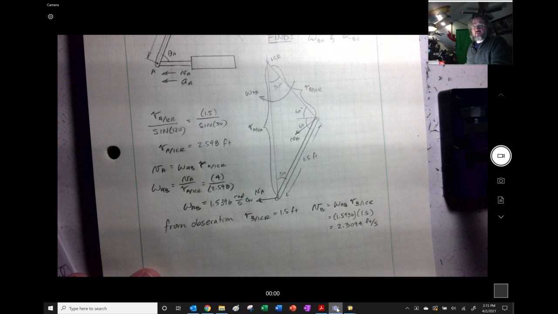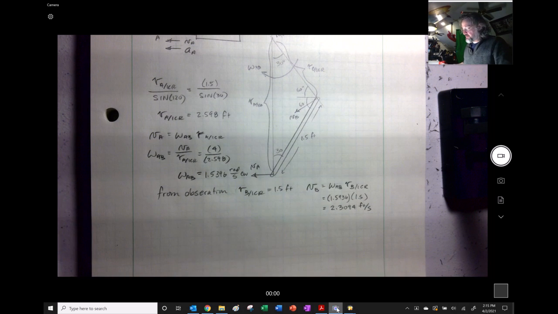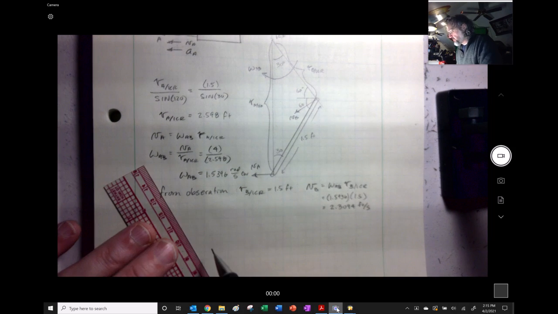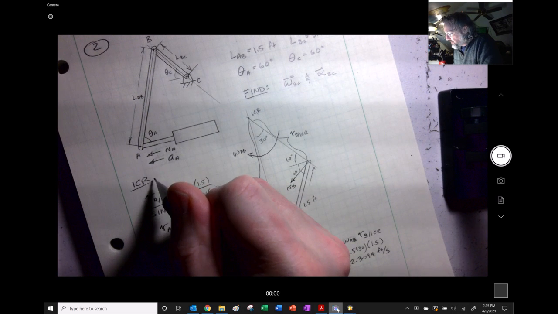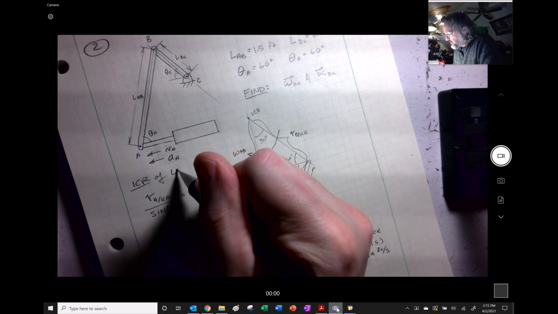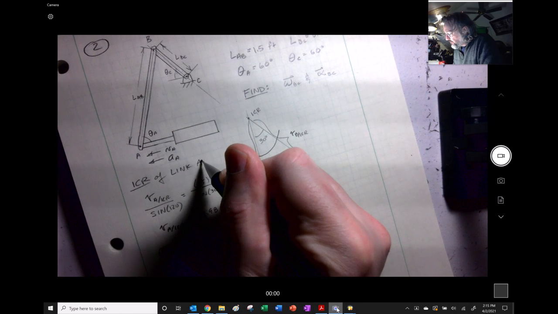All right, so now we go to do a velocity and acceleration analysis. So this was the ICR of link AB.